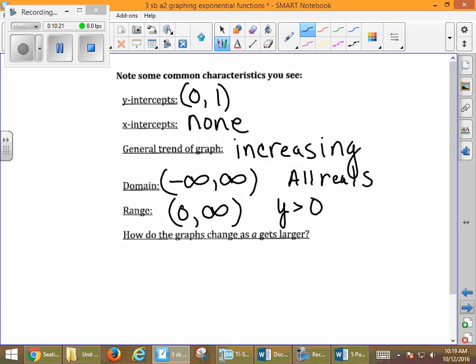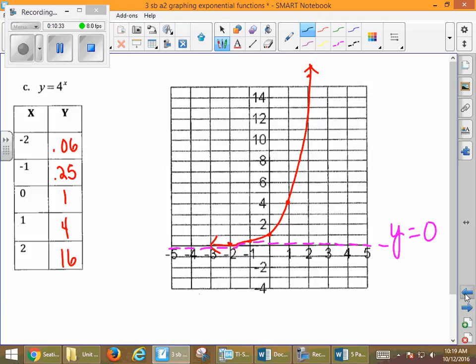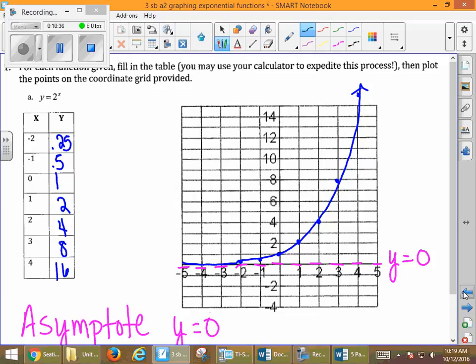And then if we look back at the graphs one more time, it says, how do the graphs change as A, or the base, I'm going to do B, as B gets larger. Well, if we look here, I have to start back here at the blue.